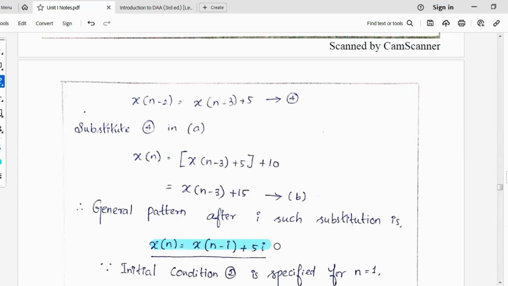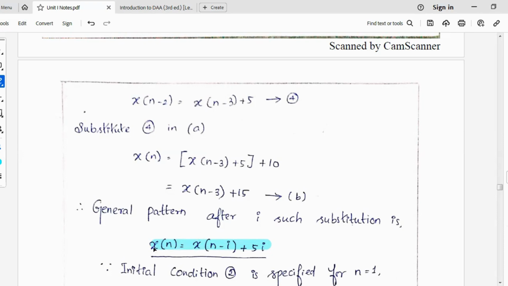Now we have to move to the next step. We have to compare this value to the initial condition, so that we can eliminate the x term on the right hand side.